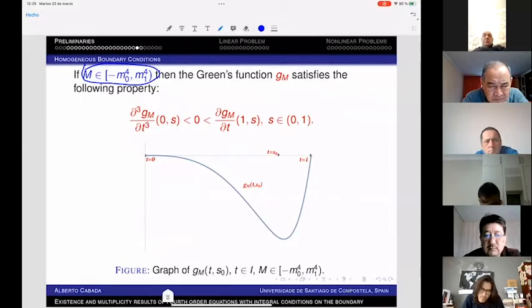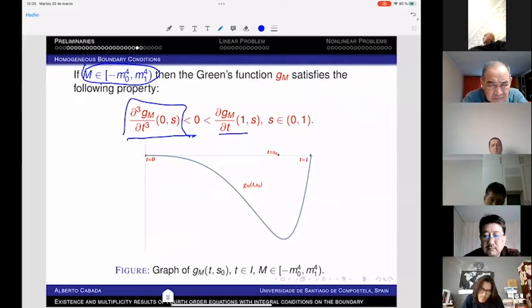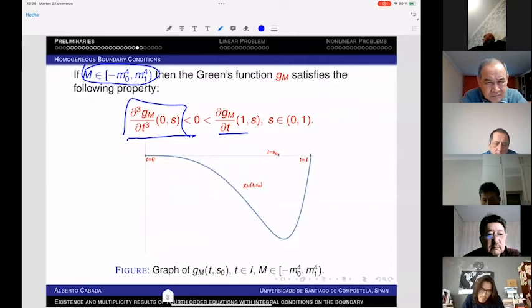In this case, we have that the derivative is negative at 0, the third, because the 0, 1, and 2 derivatives are 0. So the first one is negative, and the first one at u1 is positive, right? So this is very simple, but it is restricted to the case where the Green function is negative, right?